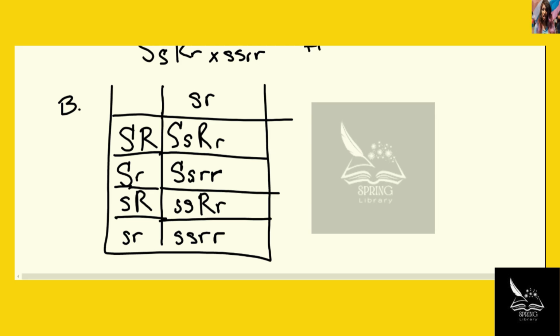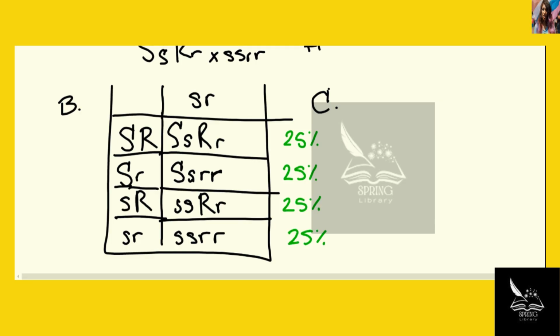Okay, so this would be B, and then C is just to sort of say, well, what are these genotypes and phenotypes, right? So the distribution here is 25% of each for both the genotypes and phenotypes.